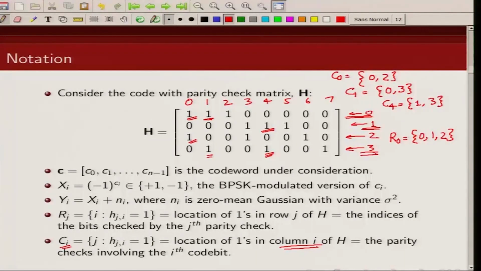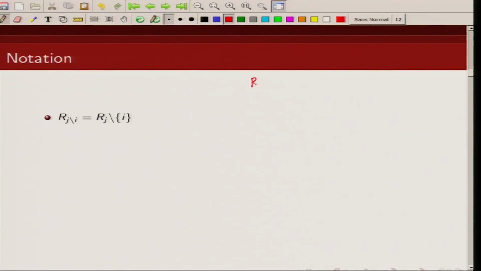If I define, let us say, R0 slash 0, that would be, because R0 is 0, 1, 2, R0 minus 0 will have 1 and 2. Similarly, R0 minus 1 will be the set containing 0 and 2, and R0 minus 2 will be the set containing 0 and 1.